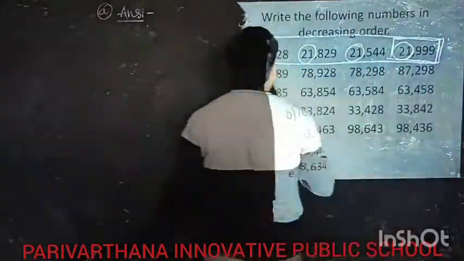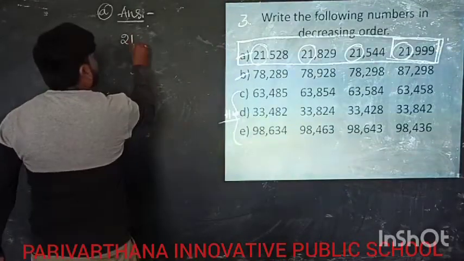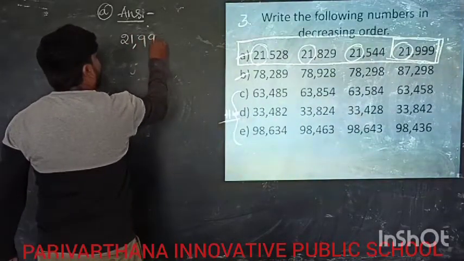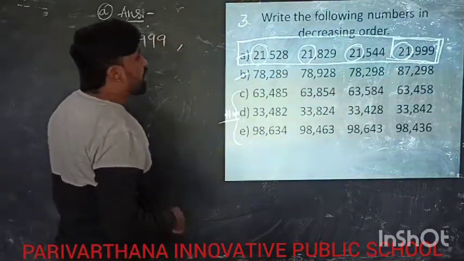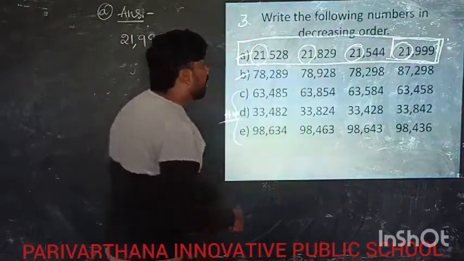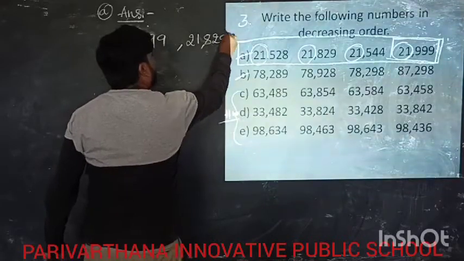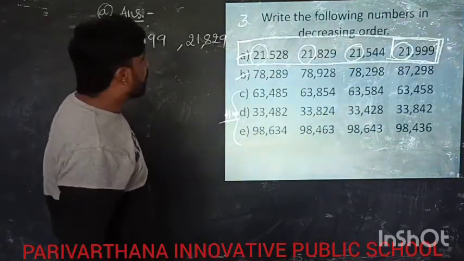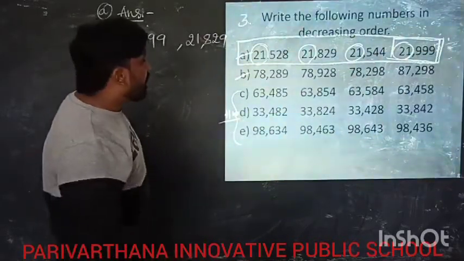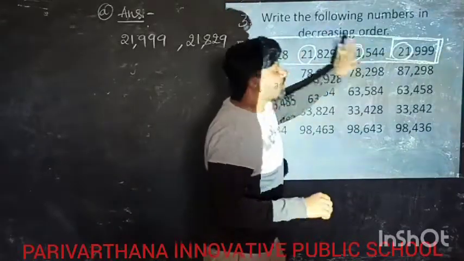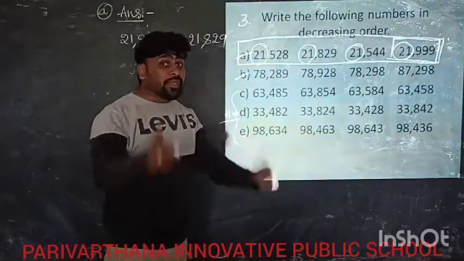This is the big number. The first one will be 21,999 and second will be 21,829. Now compare these two, first and third number, which is the big number.